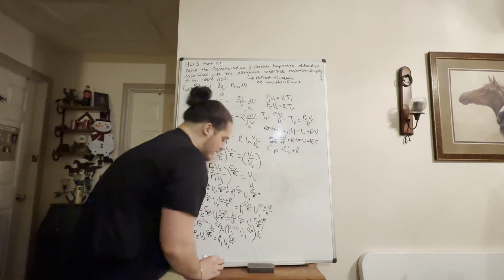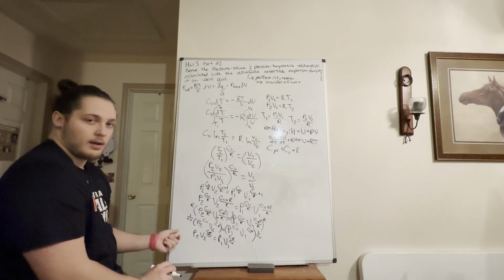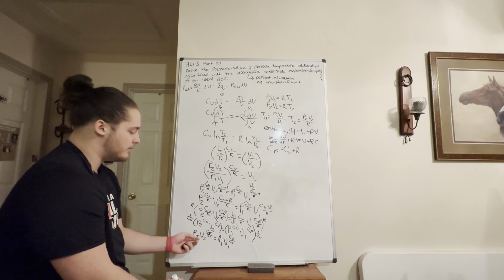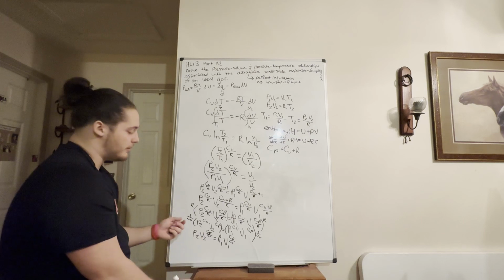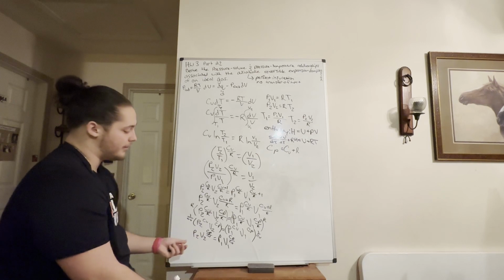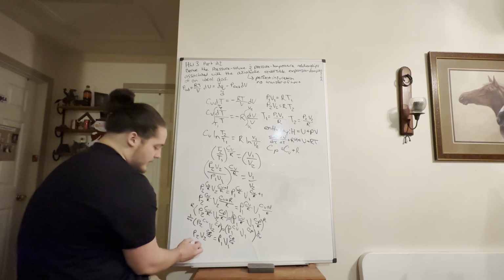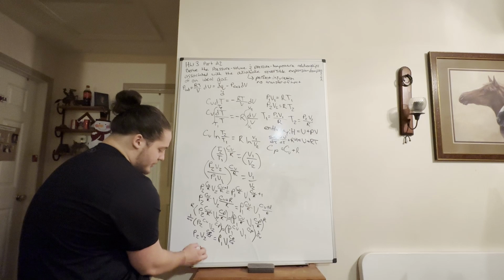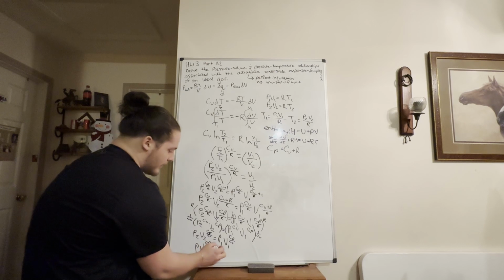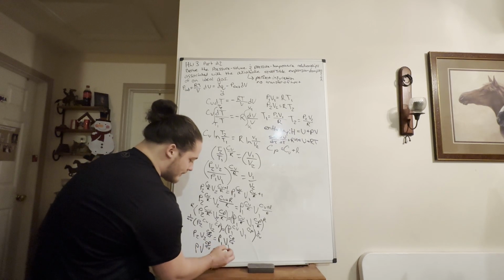So now that we are here, we notice that on the left and right side of our equation, we have pressure times volume raised to the ratio of our specific pressure over our specific volume. So we can denote this as pressure times volume raised to the CP over CV is constant.